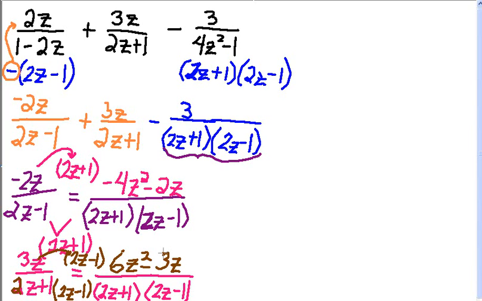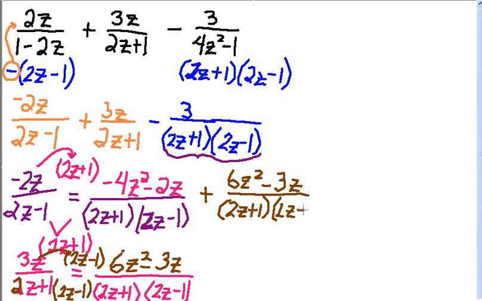So now I'm ready to reset this problem up. Here's my first term. Then it's plus my second term, so it's going to be plus the 6z squared minus 3z, all over that common denominator, which is 2z plus 1 times 2z minus 1, and then minus 3 over that common denominator, 2z plus 1 times 2z minus 1.